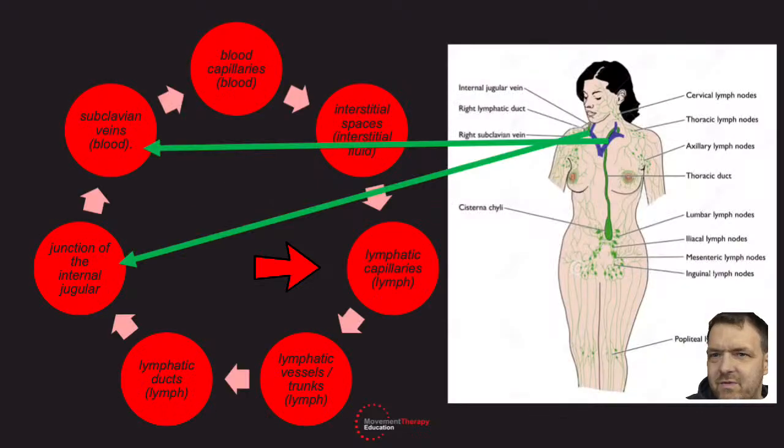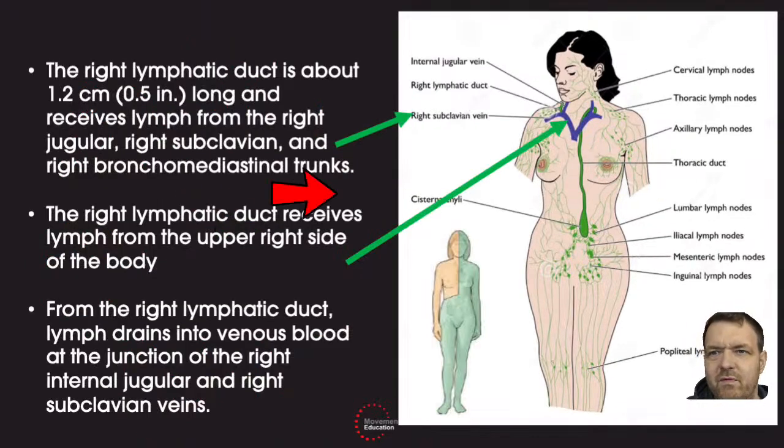So the right drainage, again, we've talked about that. Right and left side, they come into the jugular and subclavian and join. So the junction, sorry, of where they join together. And we've already talked about it as well. So you've got the right subclavian vein, that one there.